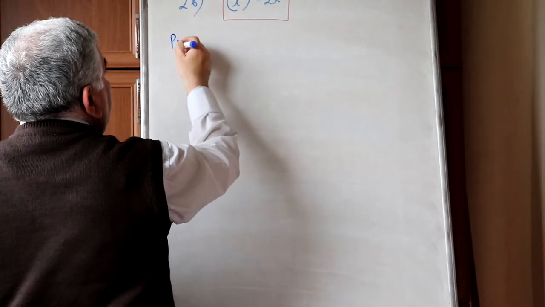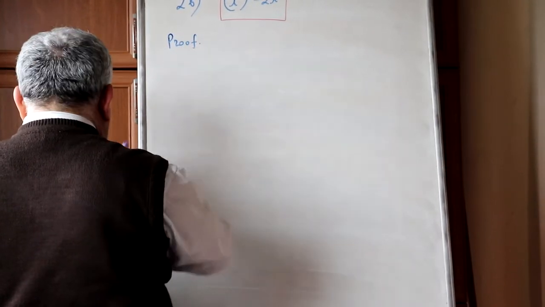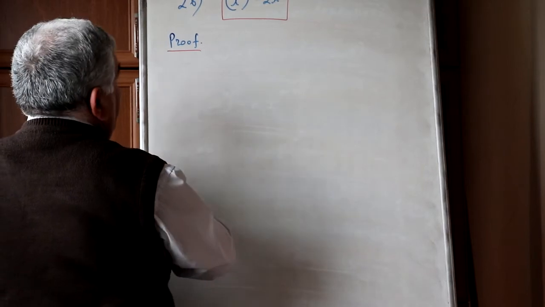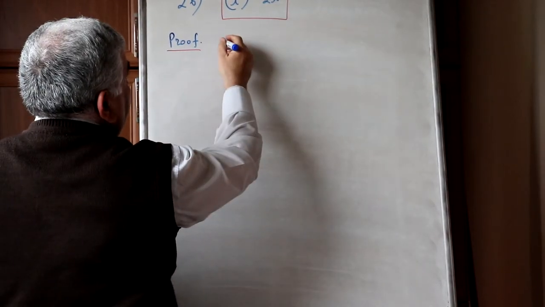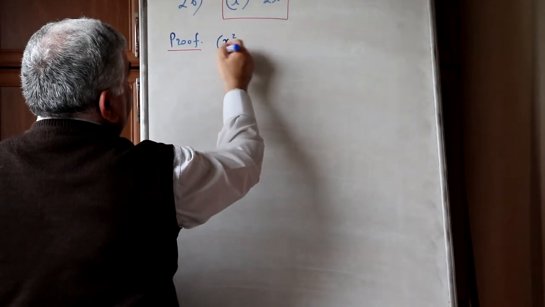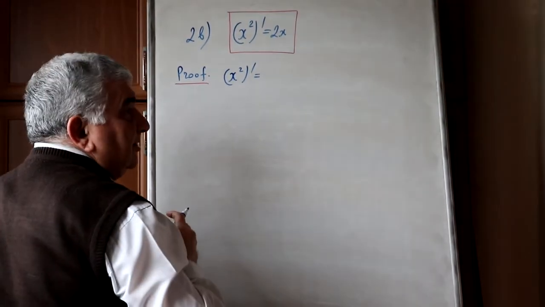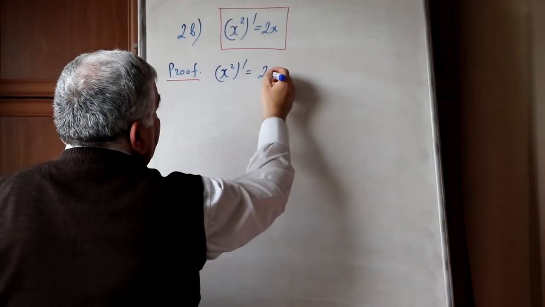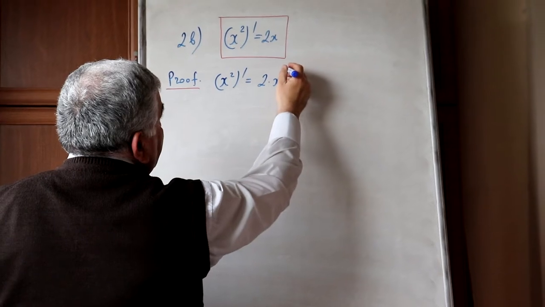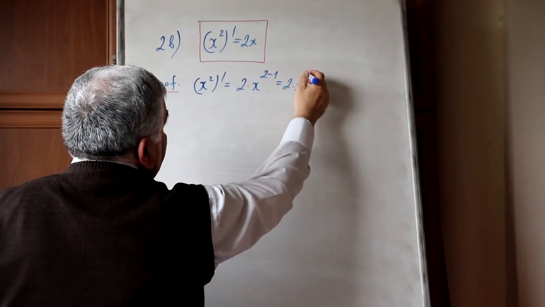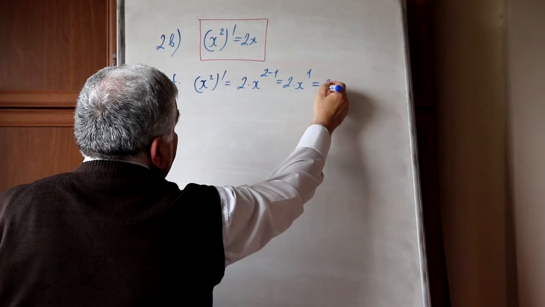Proof. Here x squared prime, then substitute 2 instead of n in the general formula. 2 multiplied by x raised to 2 minus 1, 2 multiplied by x raised to 1, and 2x.